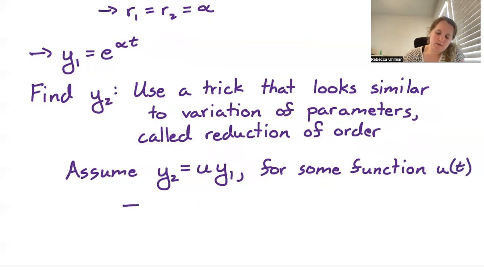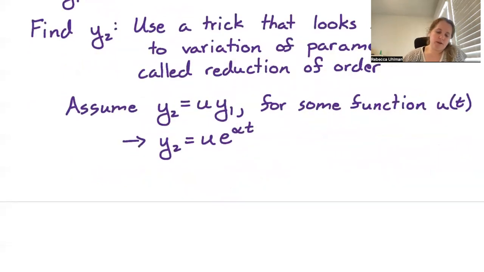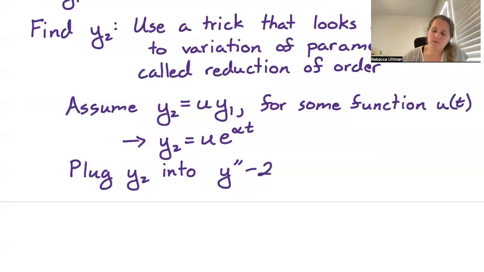So we have y2 is equal to u times e to the alpha t. Then we're going to plug y2 into y double prime minus 2 alpha y prime plus alpha squared y equals 0.